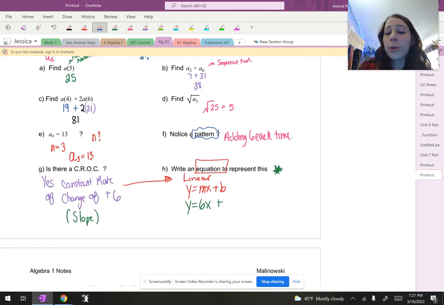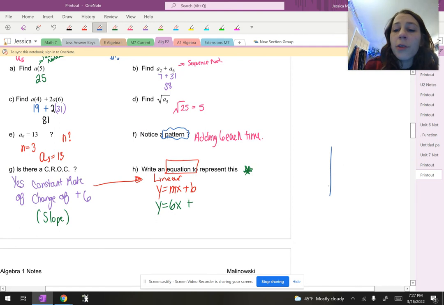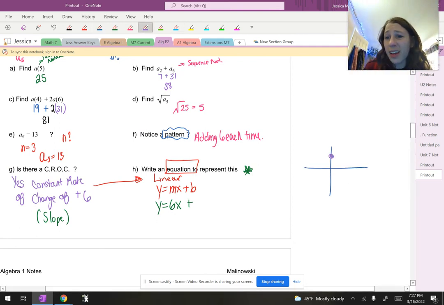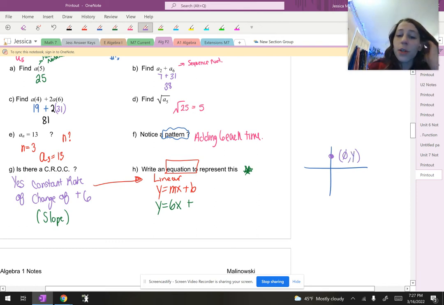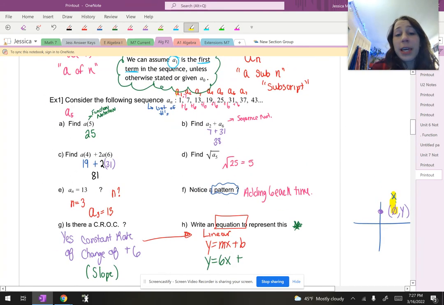Because if we think about a y-intercept, a point on the y-axis, intersecting with the y-axis, has coordinates of (0, whatever that y value is). We know that the x value has to be 0. And the problem with using a sub 1 as the y-intercept is that it has an x value or an n value or an input of 1, not 0.